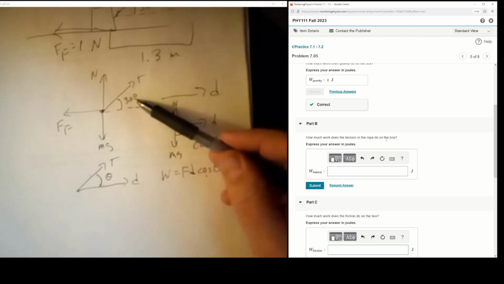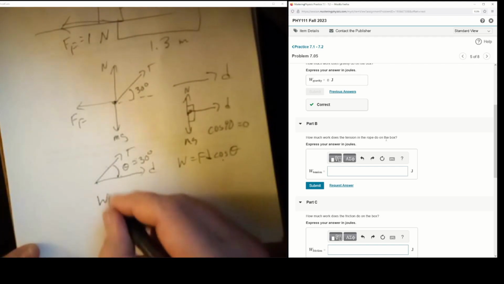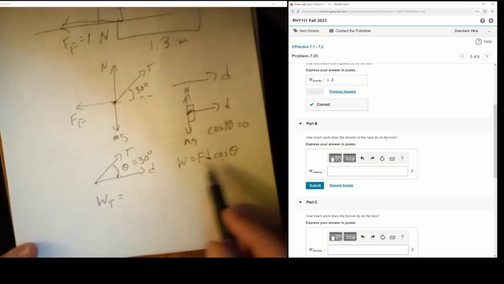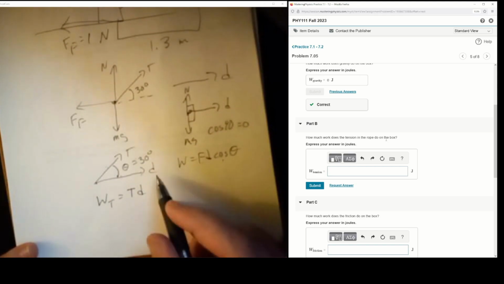And you can see by looking at this picture that theta is 30 degrees. So the work done by tension, again, is F D cosine theta. The force here is tension, and we're moving this a distance.